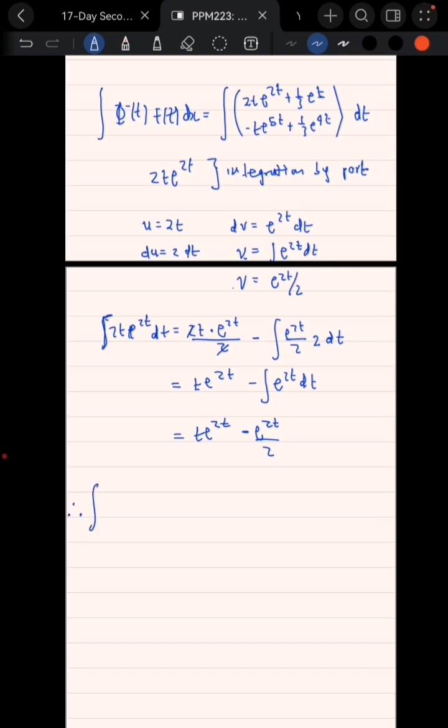The integration of 2t e to the power 2t plus 1 over 3 e to the power t dt is going to be equal to te to the power 2t minus e to the power 2t over 2 plus 1 over 3 e to the power t.